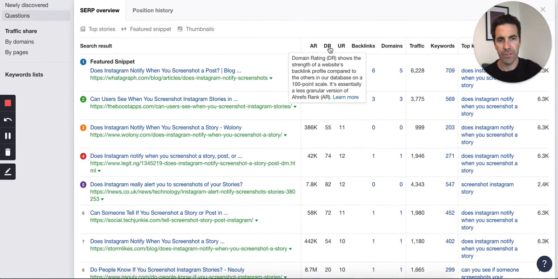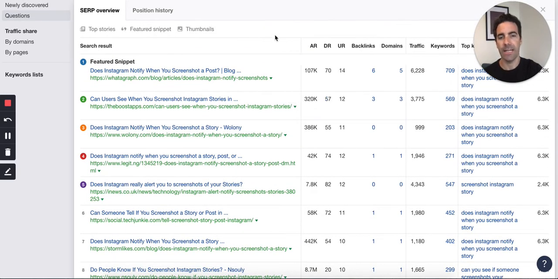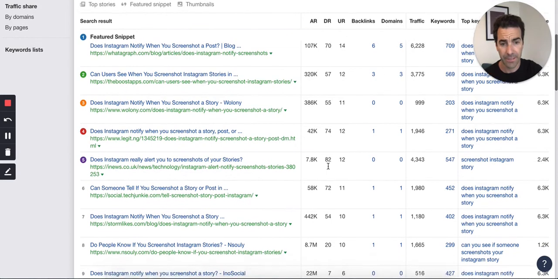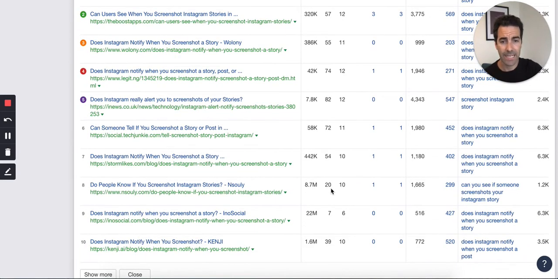And what I want to focus on is this domain rating, just to see, are there any websites ranking for this keyword that aren't particularly strong in terms of their authority? And the first few, no surprise, they're relatively strong. This DR is a measure from 0 to 100 on a logarithmic scale. But further down here, I can see there's some weaker websites, 27, 39.